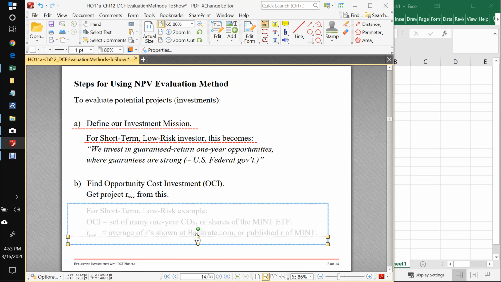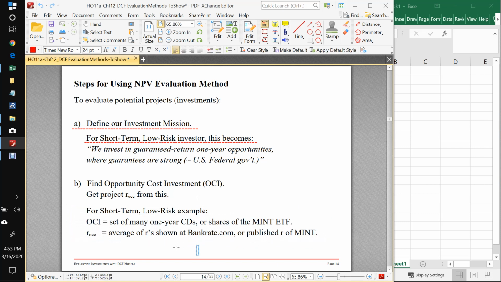Once again, for our short-term, low-risk investor, her opportunity cost investment is going to be a set of many one-year CDs that she found at bankrate.com, or shares of the Mint ETF, and her opportunity cost of capital is going to be the average of the interest rates shown on the CDs at bankrate.com, or the published interest rate of the Mint ETF as published by PIMCO, and we saw how that worked in the last chapter.